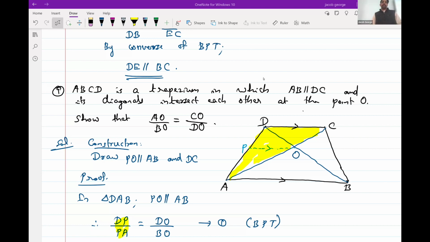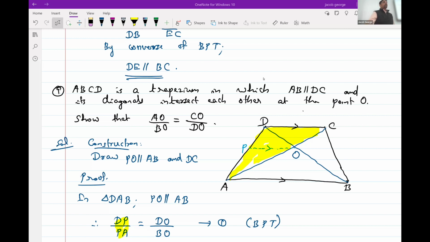Show that AO by BO is equal to CO by DO. AO by BO is equal to CO by DO. Please write this question.